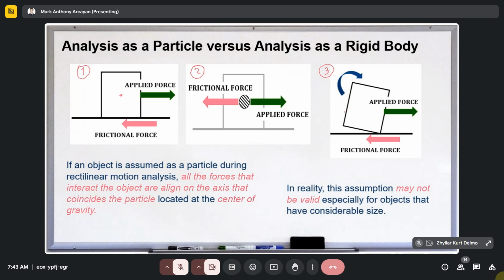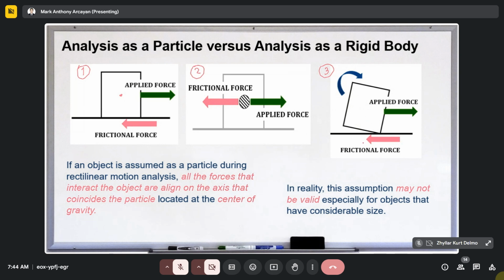Okay? So diri naanay moment ka mahitabo. Naanay moment because naanay tendency ang object nga mo rotate because of the unbalanced forces that exist as well as naanatay moment arm nga na-produce.